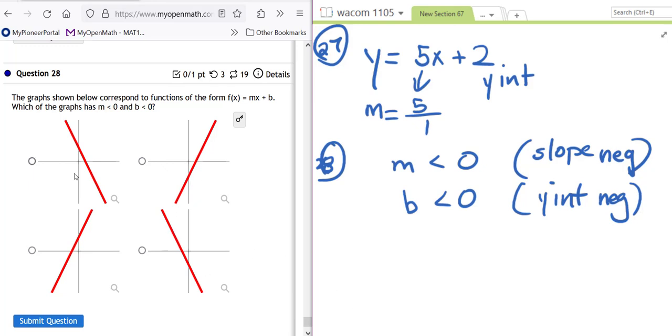This one has a positive y-intercept, this one has a negative y-intercept, and this one has a negative y-intercept. So these two have a negative y-intercept, and they want a negative slope. This last one has a negative slope and a negative y-intercept. So it will be your choice.